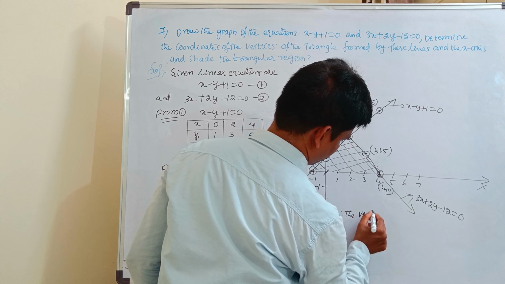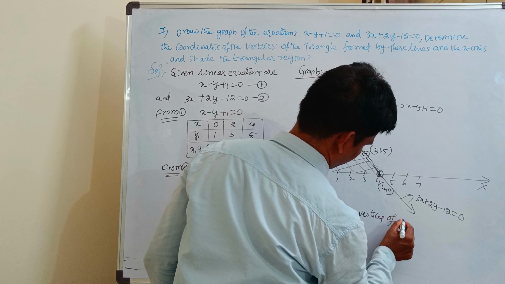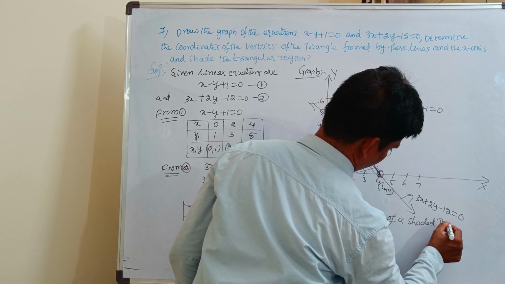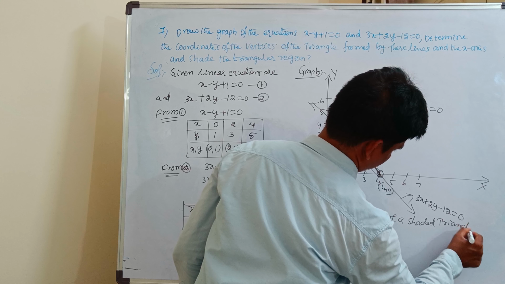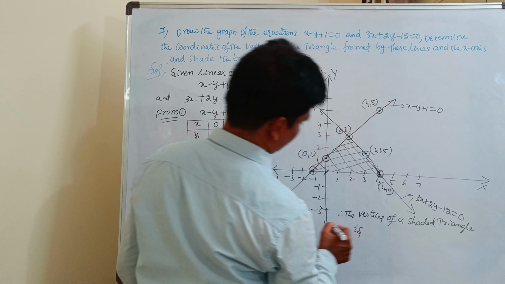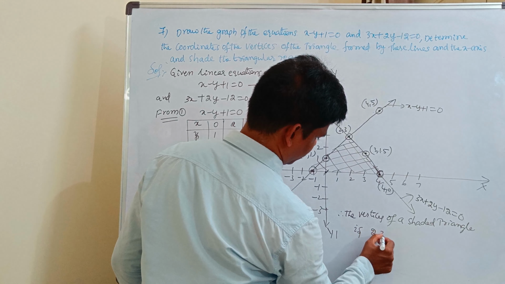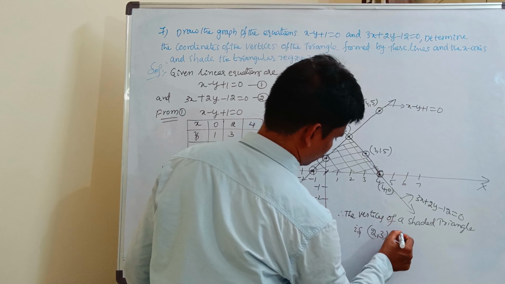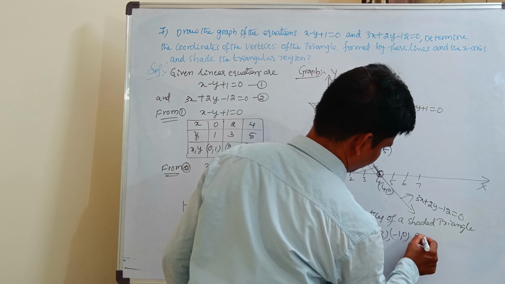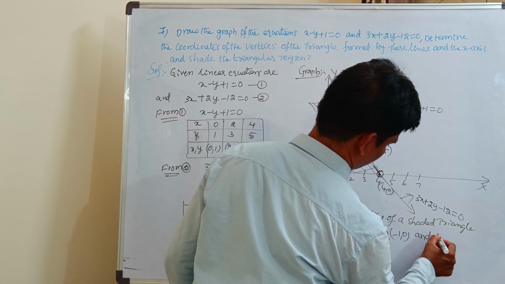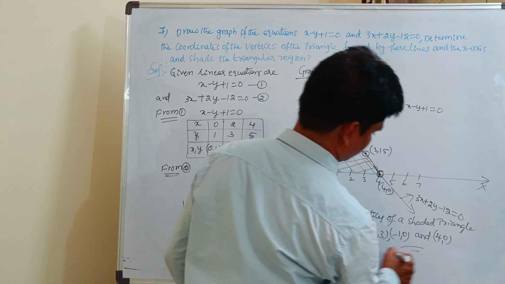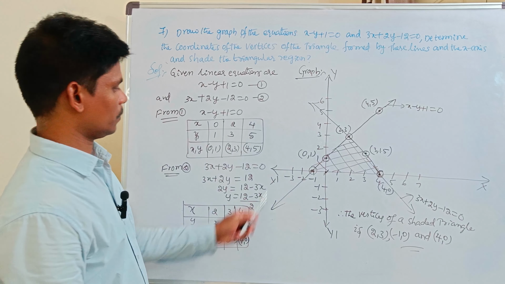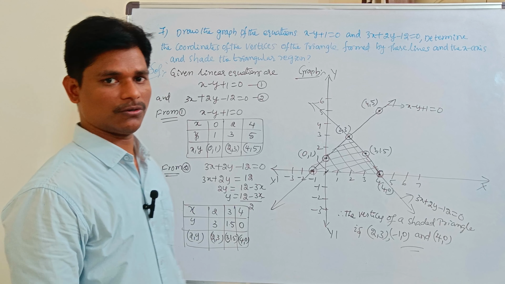Therefore, the vertices of the shaded triangle are: the first point 2 comma 3, next minus 1 comma 0, and the next point 4 comma 0. So these are the three vertices of the shaded triangle. Okay, so this is the seventh question.